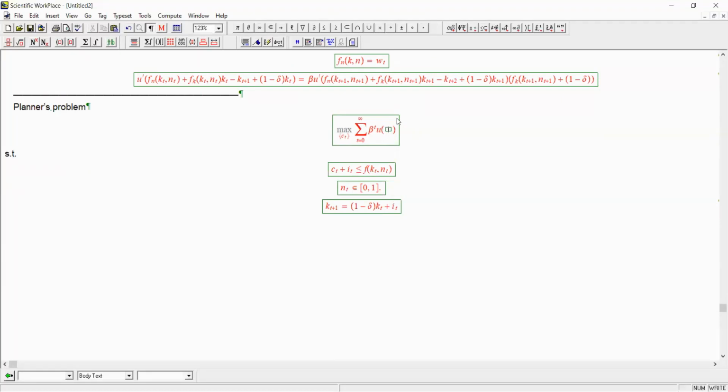So then this is output minus investment. And then again, we can use this constraint in order to replace this with investment and the undepreciated capital. And again, if we want, we can replace n with 1 because we know it's 1.